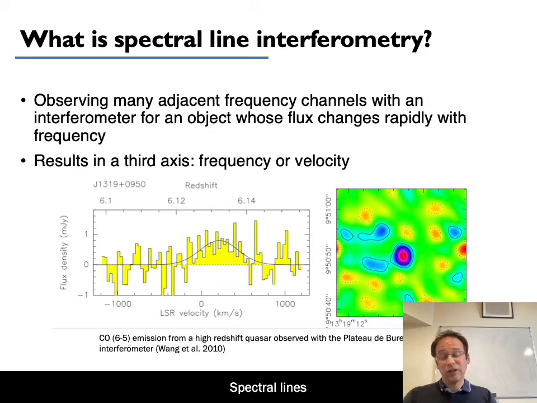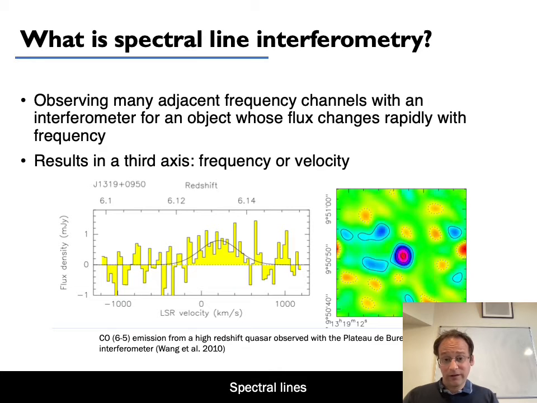And so there's not a huge amount of information contained in the frequency dependency of the signal. But in spectral line interferometry, what we care about is how the signal changes with frequency and specifically where it may be located in frequency space. And so we often care about a third axis called the frequency or the velocity axis. And we'll get on to why those are synonymous in a minute.